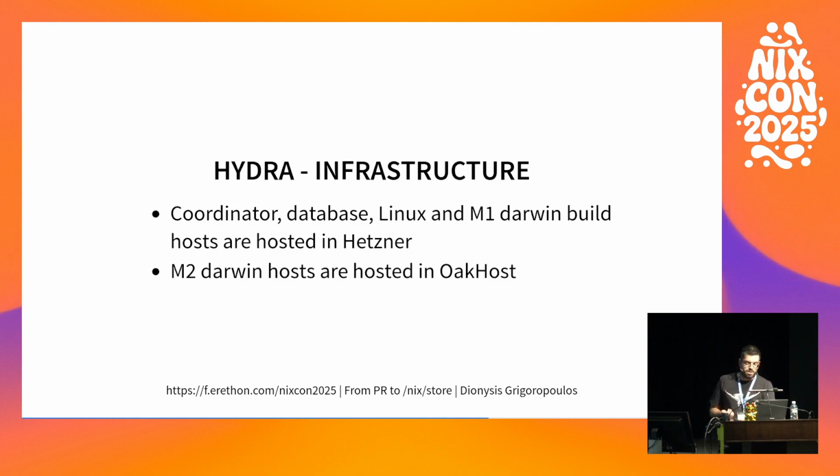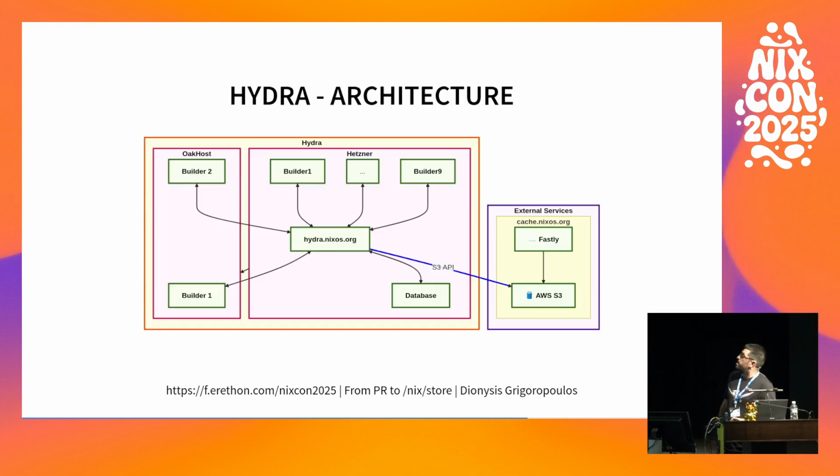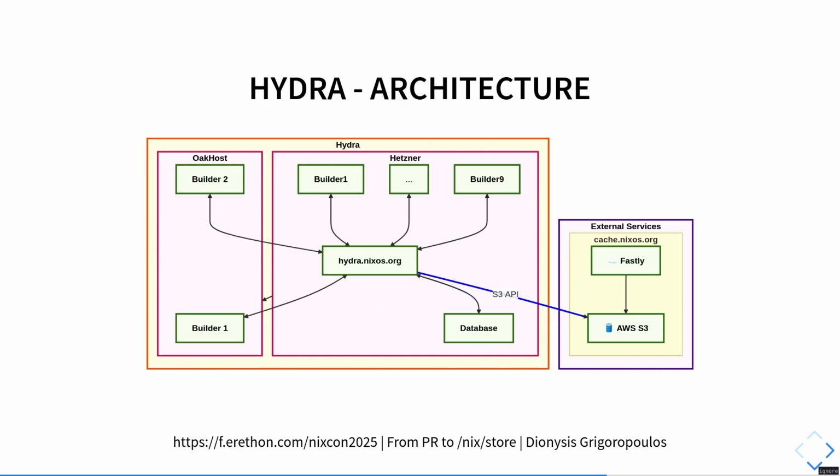If you listened to the State of the Union talk yesterday, mig92 mentioned that the Hydra builders were migrated to Hetzner at the end of 2024. Before that, they were hosted in another company. And this is what the Hydra architecture looks like with what we've seen so far. We see that the builders are connecting to the coordinator node, which takes the built packages, signs them, and then pushes them to AWS S3 using the S3 API.